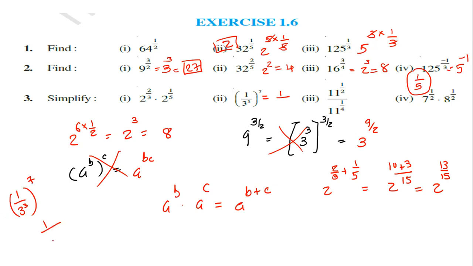So 1 upon 7 3s are 21, 3 raised to 21. See in which format this answer is given. Check that. Just the last question. In which format is the answer given, because in different kinds of format we can get the answer.